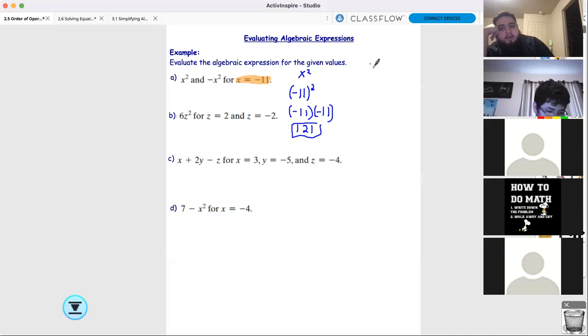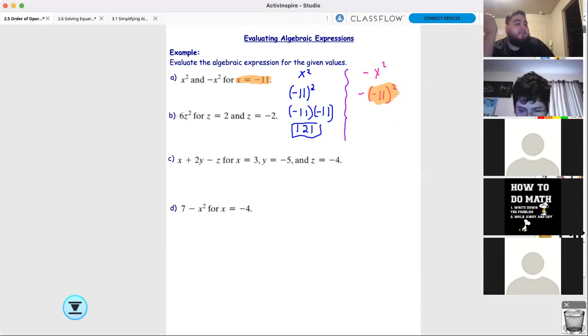Now there are two expressions for A, so we're not done yet. We're now gonna do the second expression, which is negative x squared, which is the same thing as before, but now there's a negative in front of the parentheses. Well, the cool thing is we know what negative 11 squared is. What's negative 11 squared?